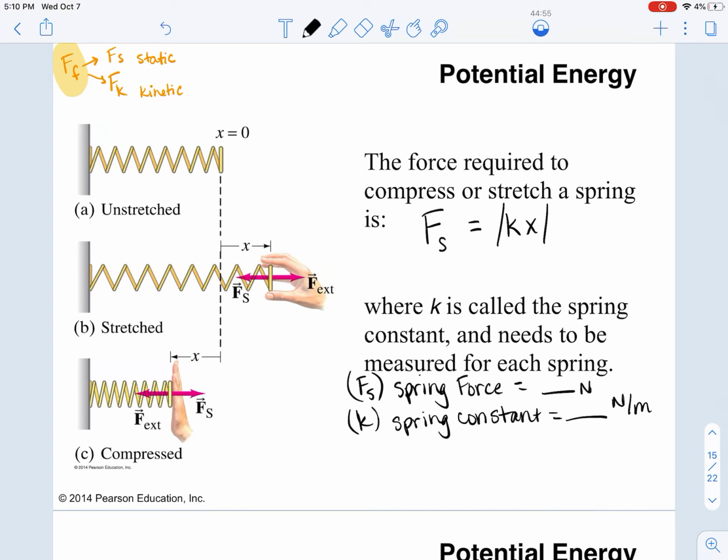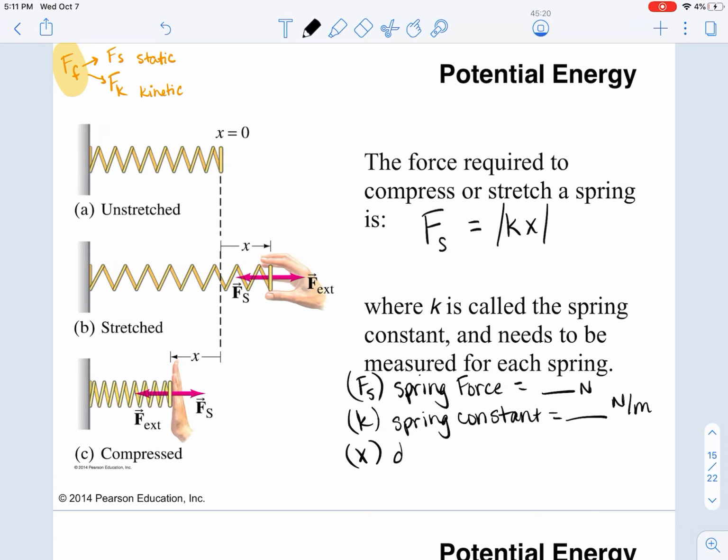So the spring constant for your trampoline spring is going to be a really big number because those are very strong, tight, tough springs. The spring constant for those little bitty springs holding your battery inside of your TV remote, that's going to be a very small spring constant value because those are weak springs, okay? So that's essentially what the spring constant represents.